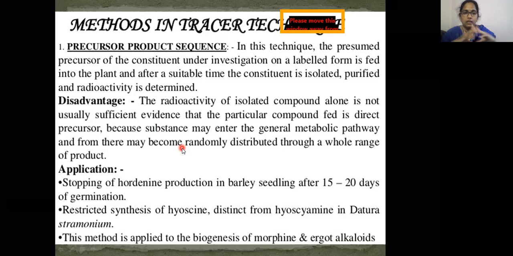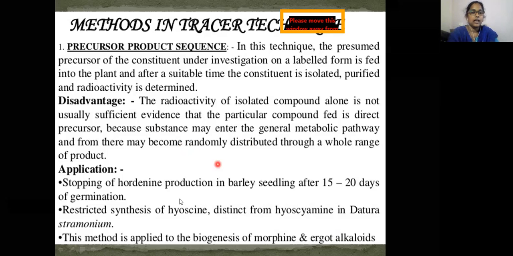So either some other compound may be the precursor, or it may involve in the reactions from the middle, or it may be randomly distributed in the plant. There is a chance of all these possibilities, right? So if so, it may not give you accurate results.